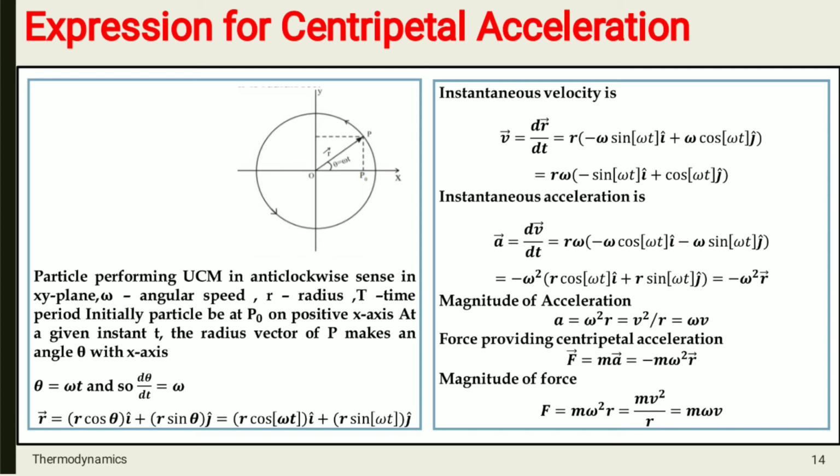The equation of instantaneous velocity is vector v = dr bar by dt.